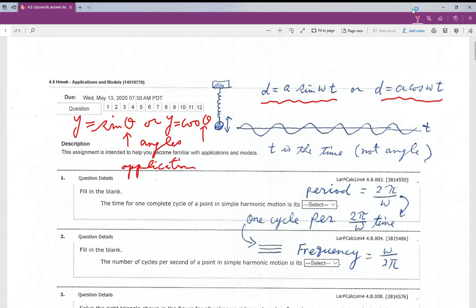What type of application? For example, when we are talking about a spring, the displacement of the spring.